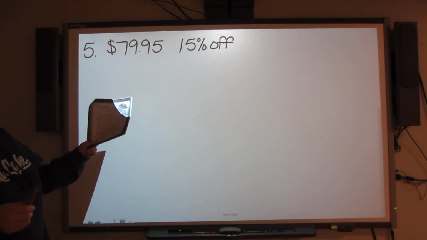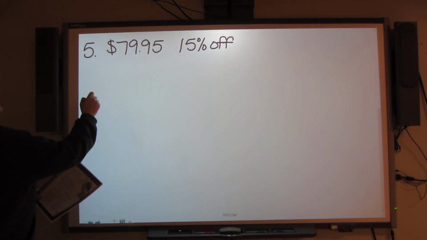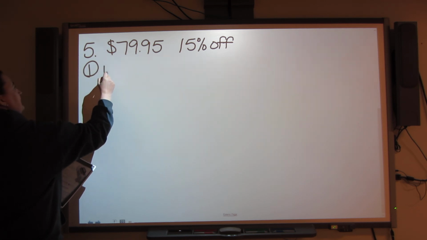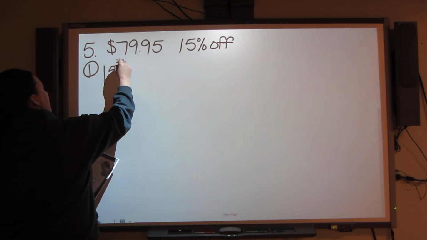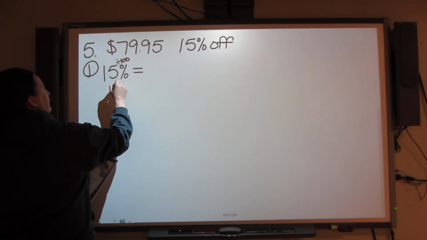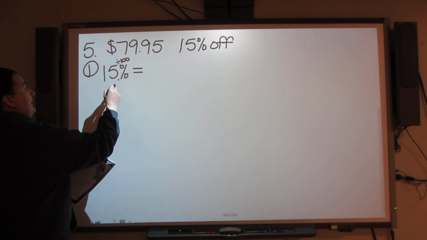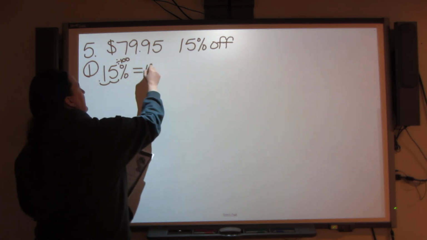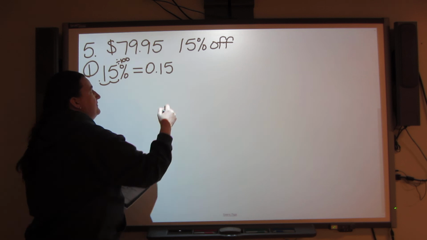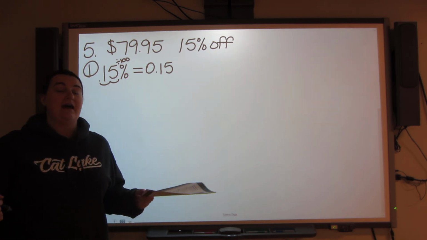So, step 1, turn your percent into a decimal. 15% divided by 100, put your decimal at the back, move that 2 spots over, and now I have 0.15 or 15 hundredths.